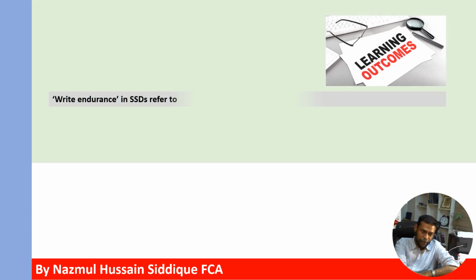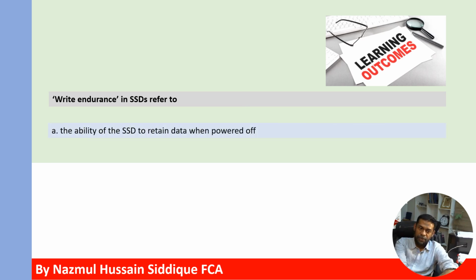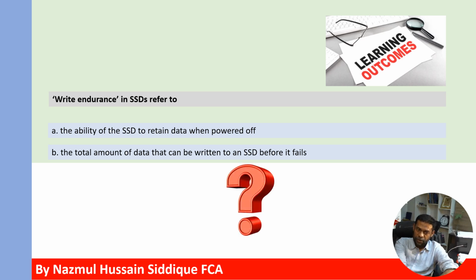Next question. Write endurance in SSDs refers to the ability of the SSD to retain data when powered off, or the total amount of data that can be written to an SSD before it fails.